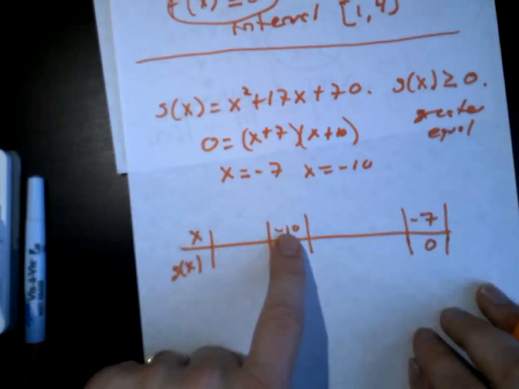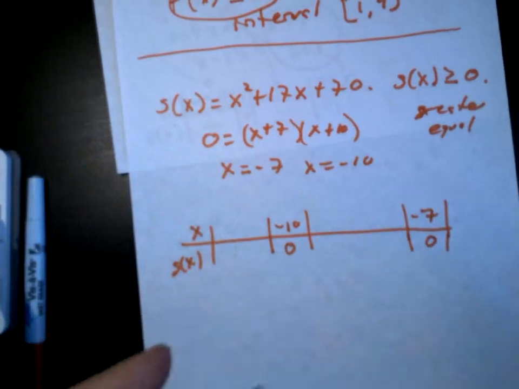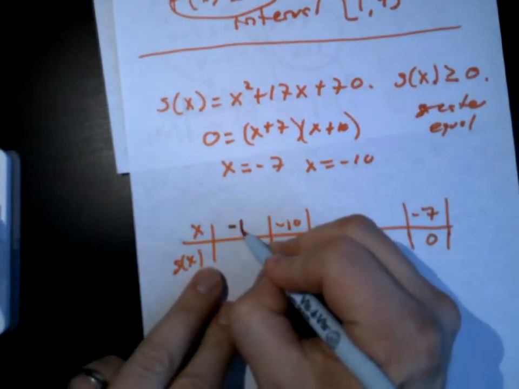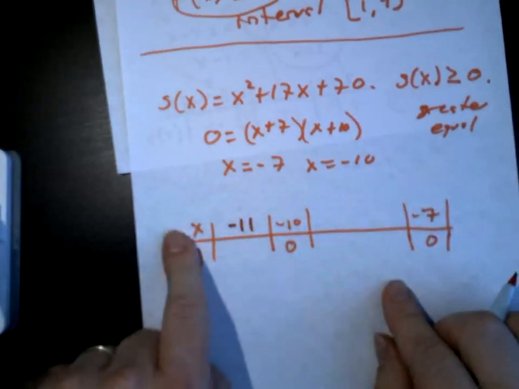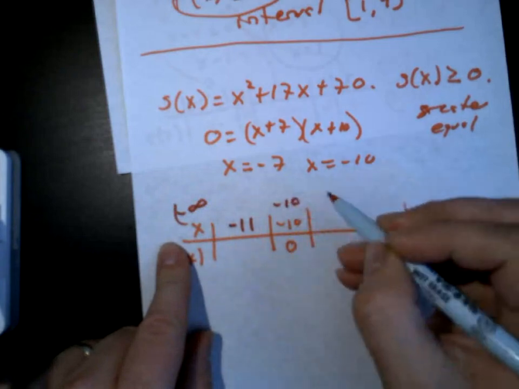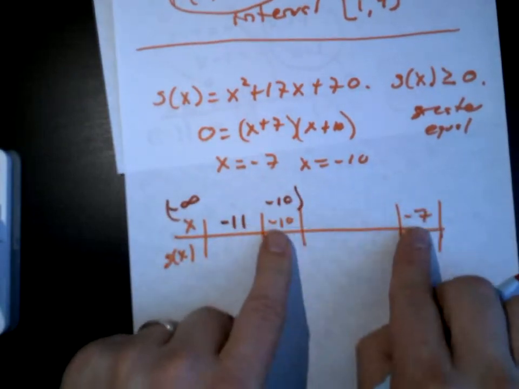What is between negative infinity and -10? Well, pick a number here. Let's pick, I don't know, -11, because that's between negative infinity and -10. What is between -10 and -7?